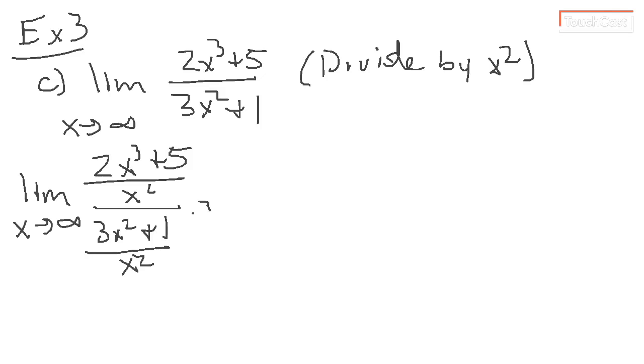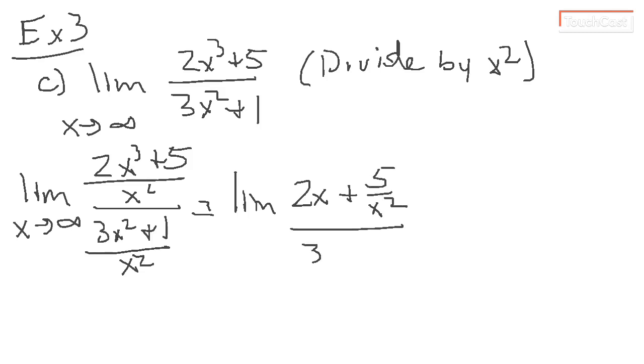Now let's simplify this, clean it up a bit. We're going to have the limit of 2x plus 5 over x squared over 3 plus 1 over x squared as x goes to infinity.